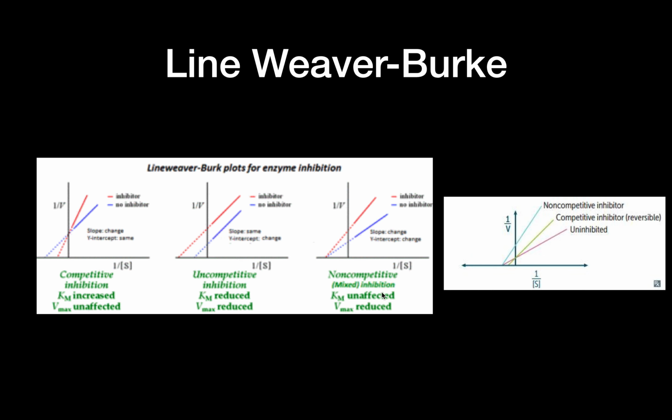And in non-competitive or mixed inhibition, the Vmax is reduced. And here they are all compared with each other. Remember, this is uncompetitive, non-competitive, uninhibited. This is the normal one, and this is the competitive.